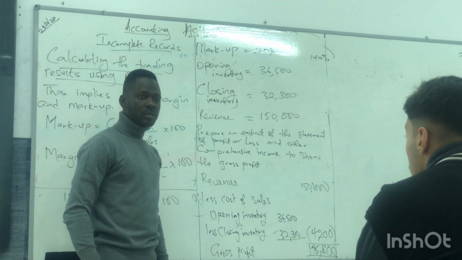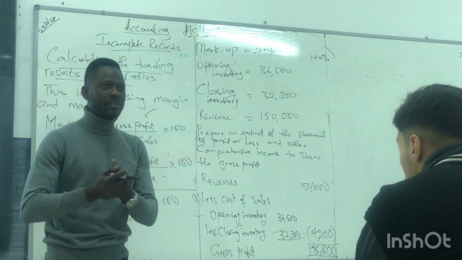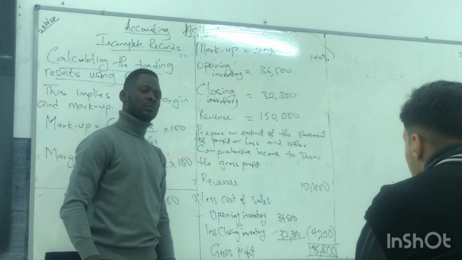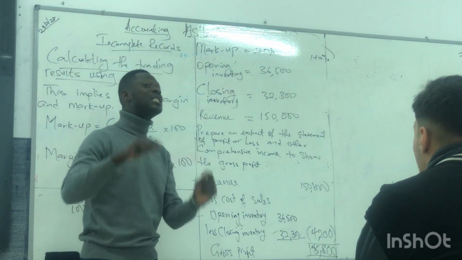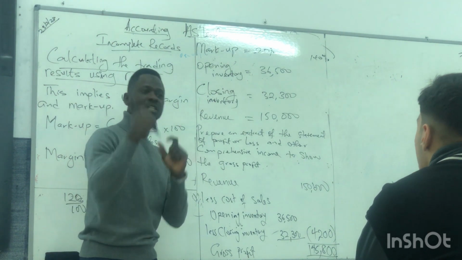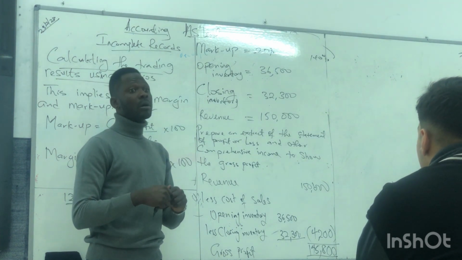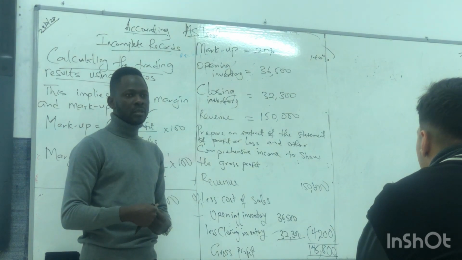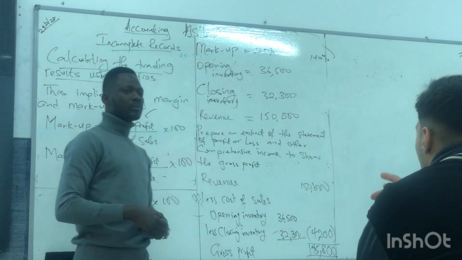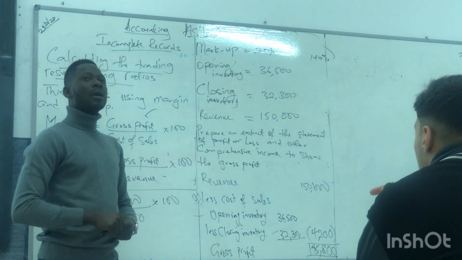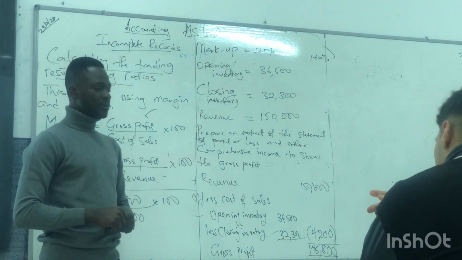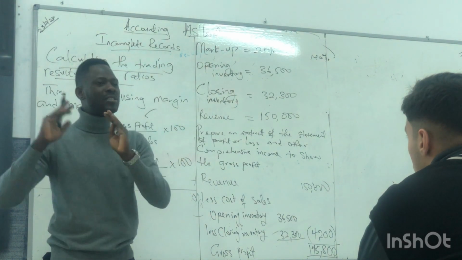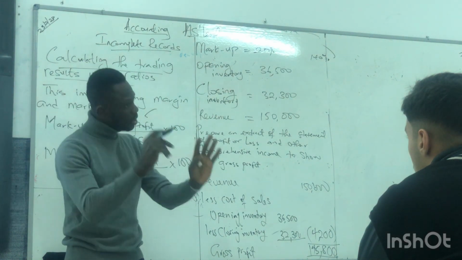I told you markup is an increase. So you increase it to 120, because it's markup. If there was margin, we reduce it. Reduce it to how much? Minus 20, that's 80%. A markup of 20% means an increase of 20%, so 120.